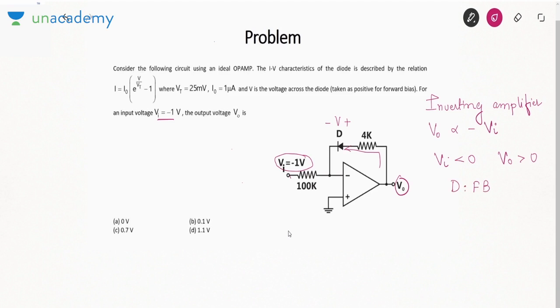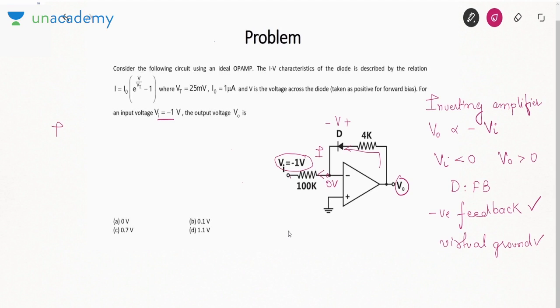If the diode gets forward biased, your negative feedback path gets completed. So what can I do? I can apply the concept of virtual ground. In that case, this voltage will be 0 volt. So what is this current I?